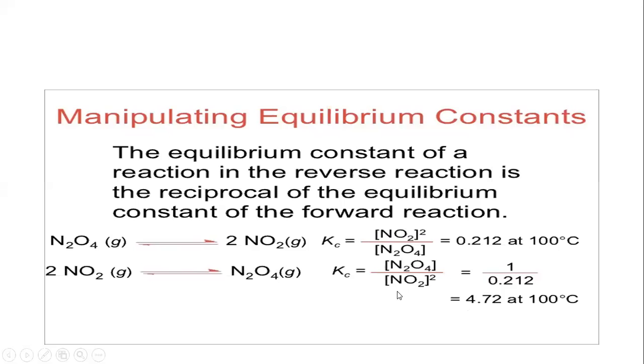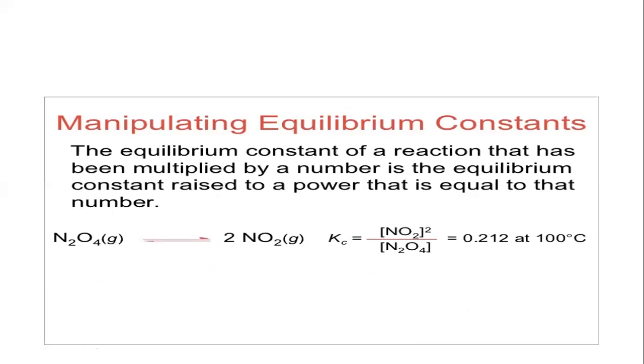Okay. Let's come to the equilibrium constant when the reaction has been multiplied by a number. Here the equilibrium constant should be raised to the power that is equal to that number.